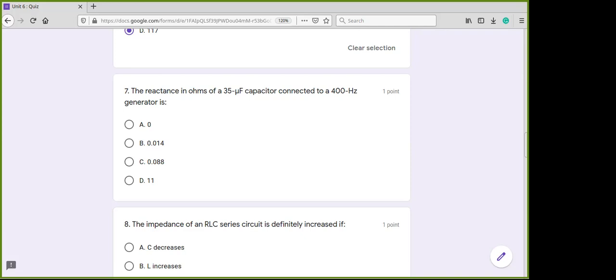1 million divided by 2 pi is 6.28 times 400 times 35.